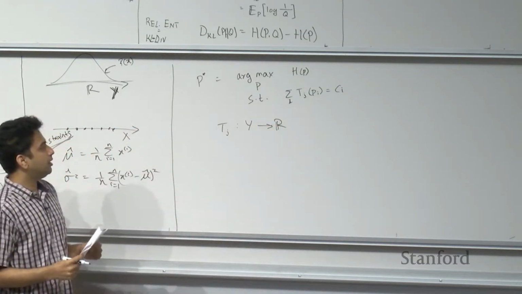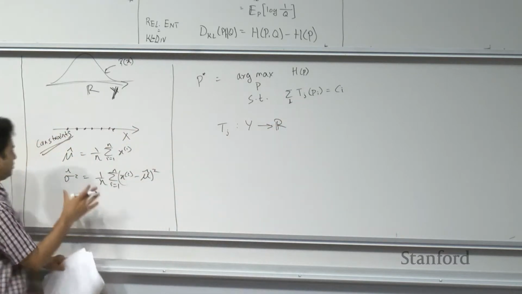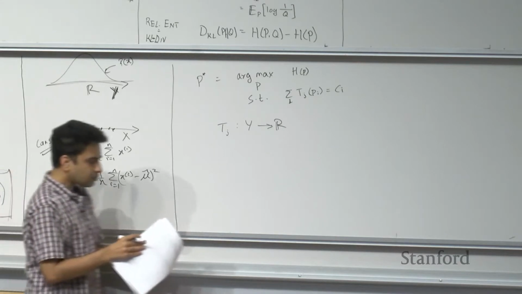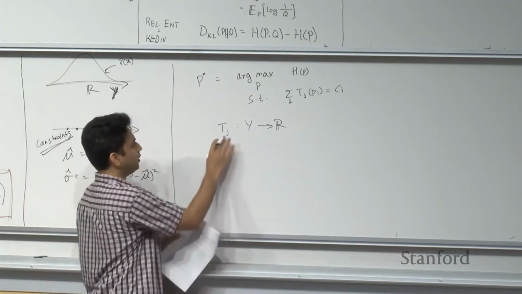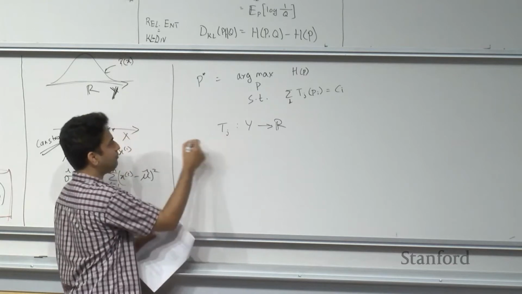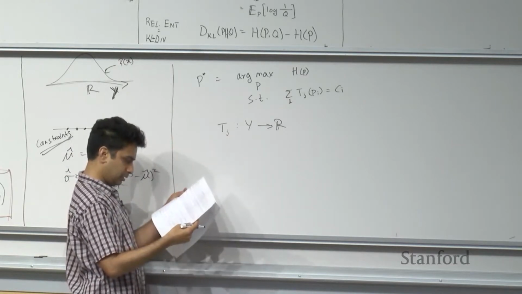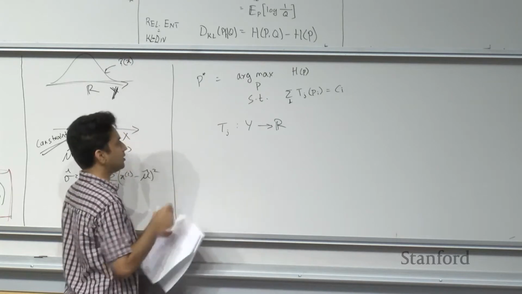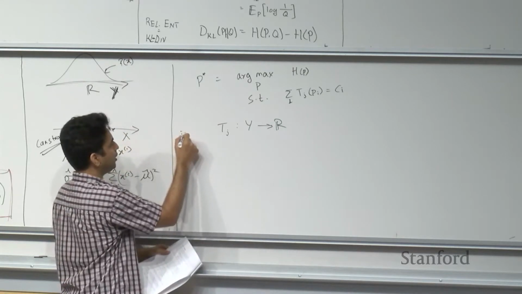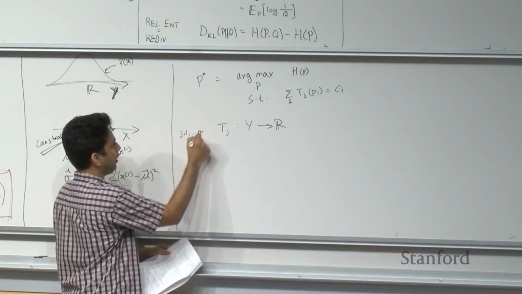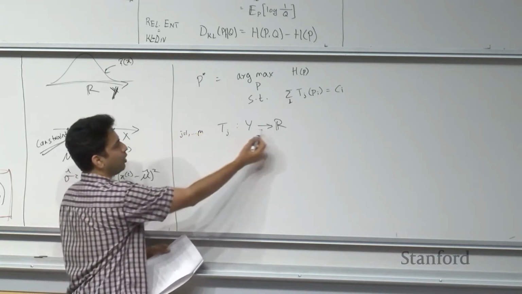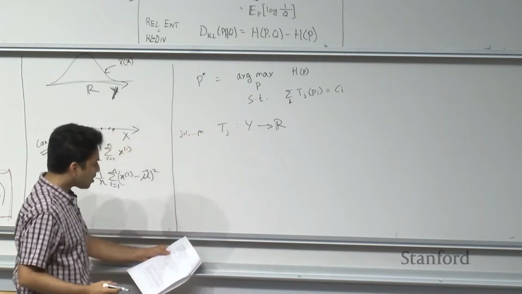So the constraints that we are given will be given in the form of these t functions, where we have m such things, j equals 1 through m, tj from Y to R. What does this exactly mean?